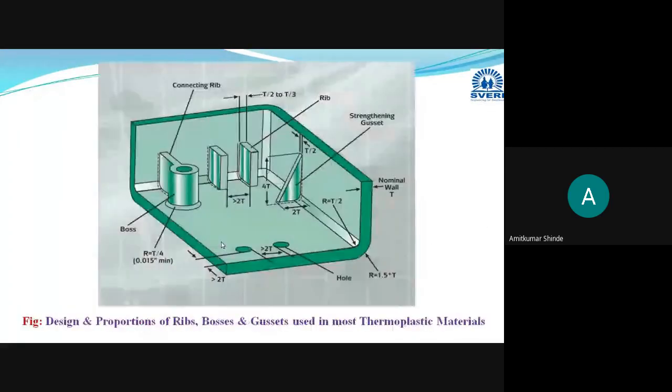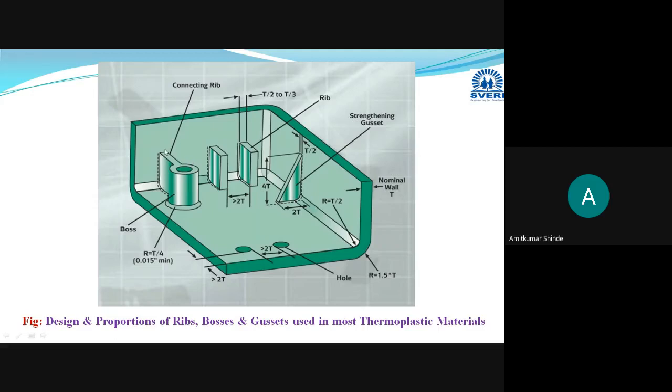I have added one diagram. In this diagram you can see clearly, this is one view of the plastic part. In this hollow cylindrical portion that you are able to see here, this is the boss.